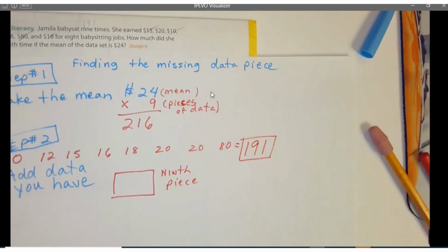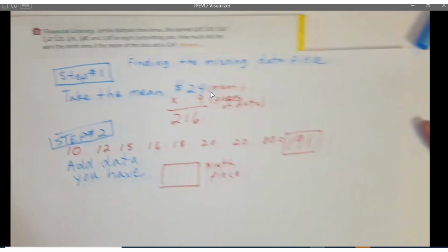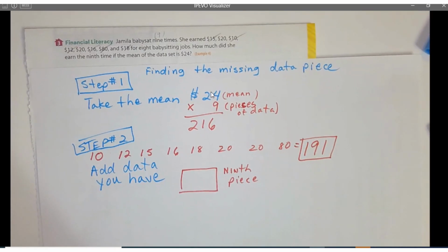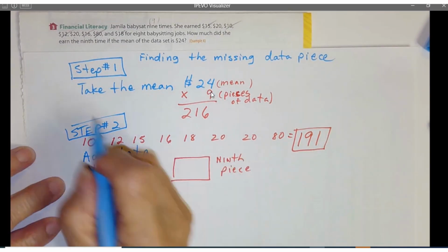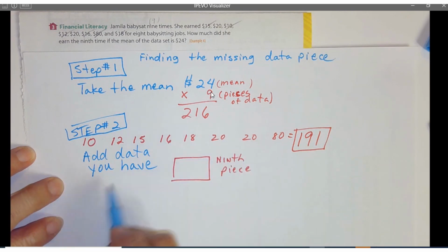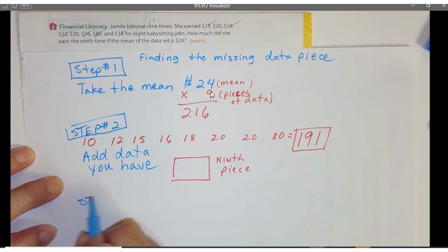Now, let's go ahead and put this up, what we're doing here. There we go. Now, so this is step 1, this is step 2, and this is going to be step 3.